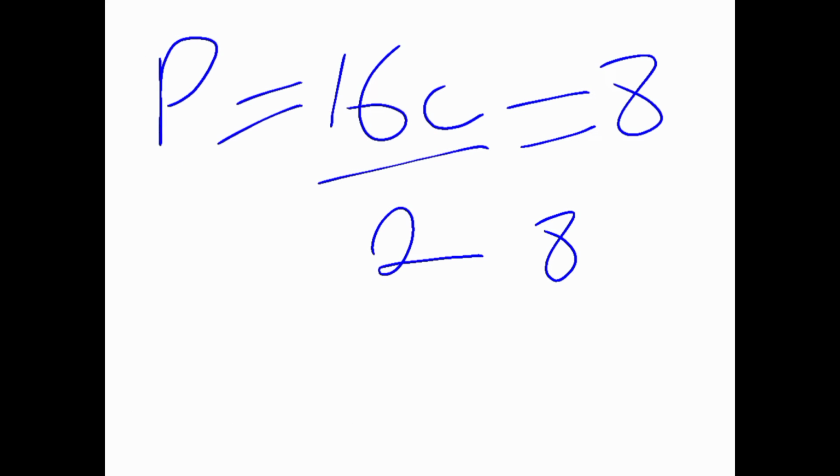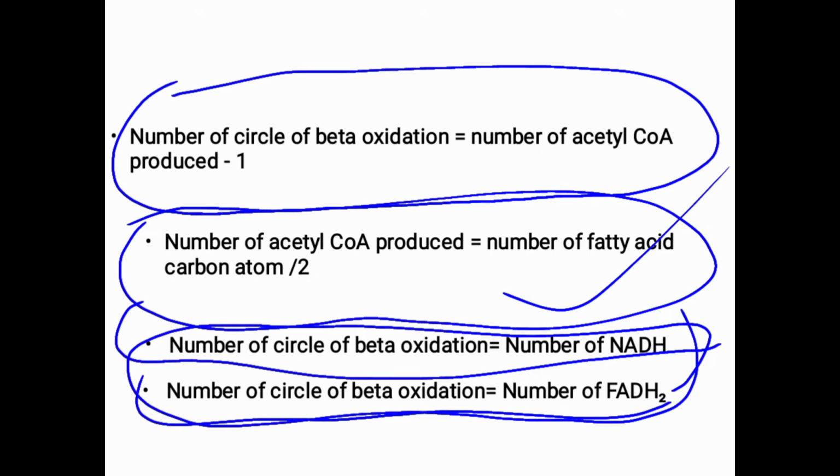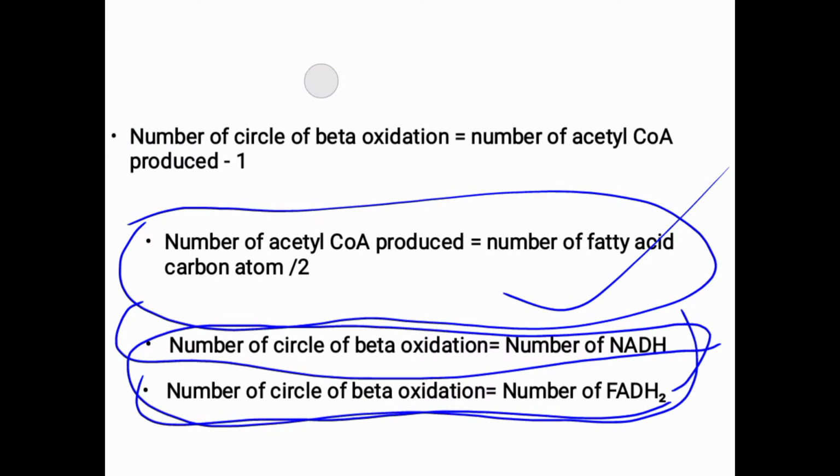So now let's go back and check the formula again. What did the formula say? We have gotten the number of acetyl CoA generated. The formula says the number of cycles of beta oxidation equals the number of acetyl CoA produced minus 1.